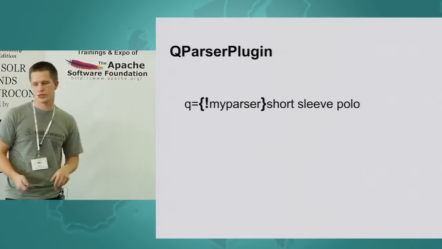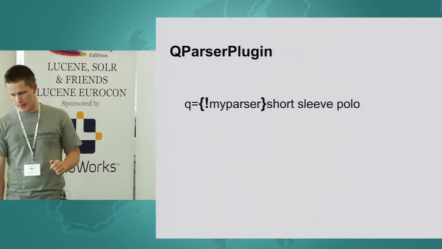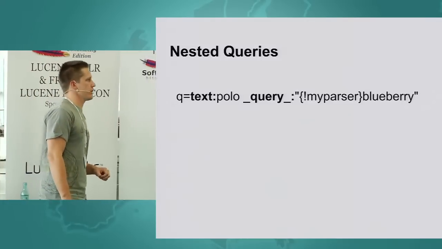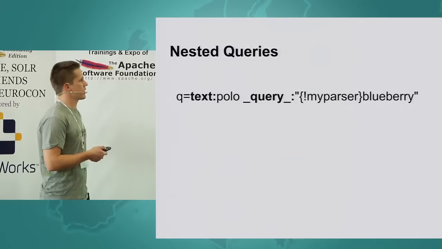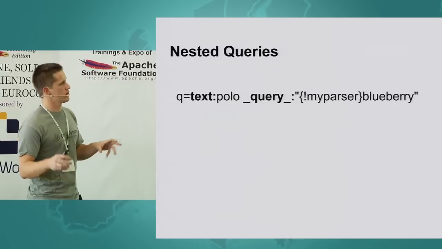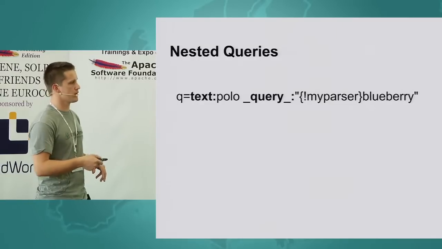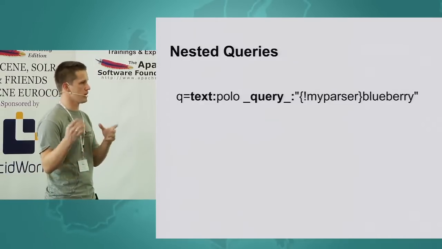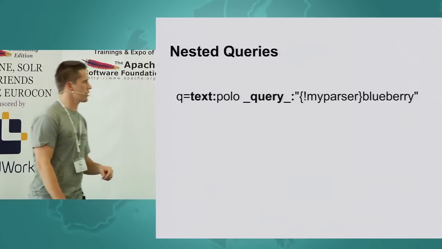Just put its name as a local parameter. Then we also have the nested query feature, where we can call our query parser to parse any clause of an enclosing main query, right? So you can call your parser to parse a single clause of a query.